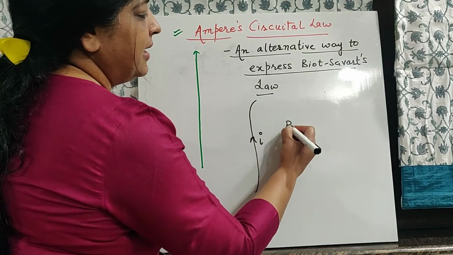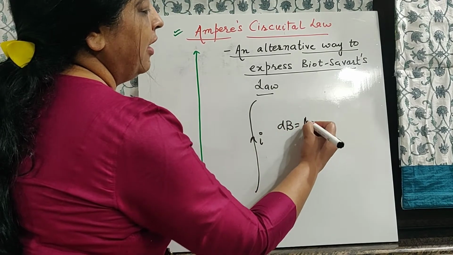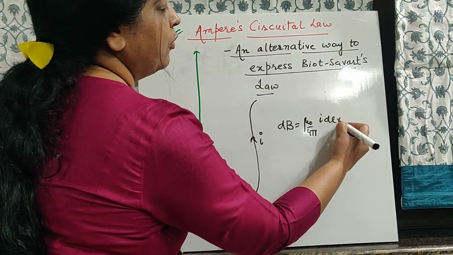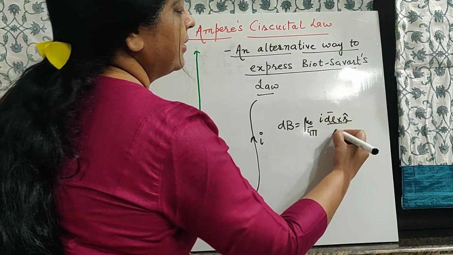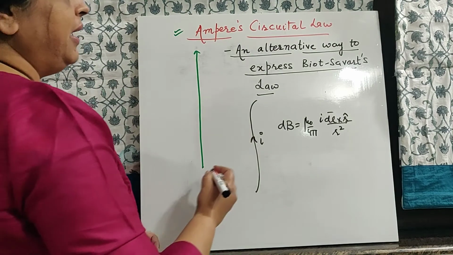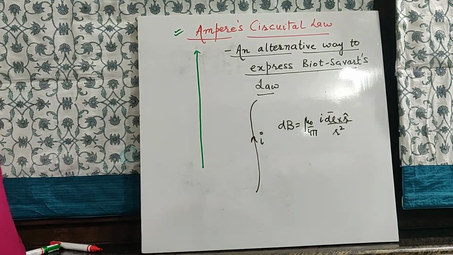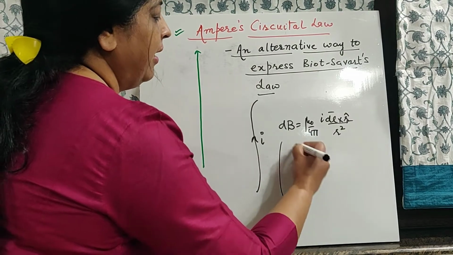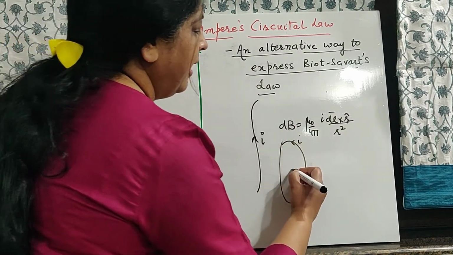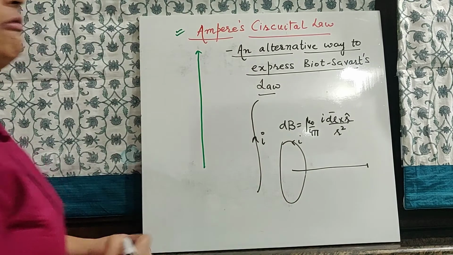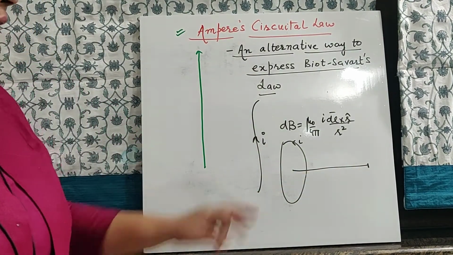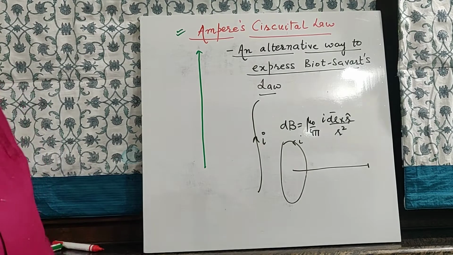The magnetic field at any point was given by mu naught by 4 pi, I dl cross r by r square. We applied this formula again on the circular coil which carried current I, and tried to find out the magnetic field on the axis of a circular coil using Biot-Savart's law.